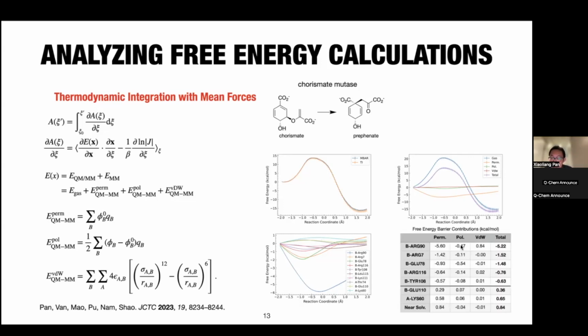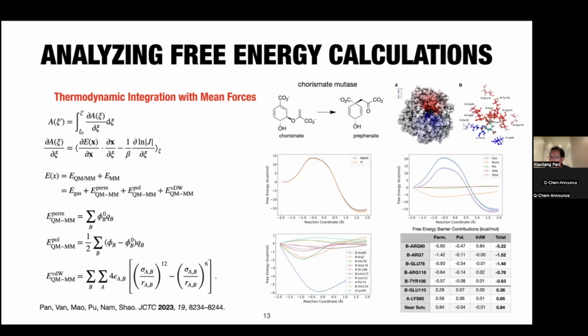Here I'm highlighting the important residues, the residues that contribute largely to the change of the barrier, in a table. Then we can use these to guide our mutations if we want to improve the efficiency of the enzyme. And we can also use these to do some nice visualization.